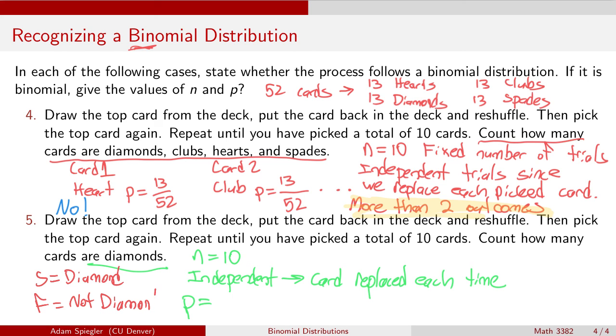So here's the situation where although there are 4 different suits, we're thinking about this as a binary outcome where it's either a diamond or it's not a diamond. Each time we pick, we have a 13 out of 52 chance of picking a diamond. And then since we put the card back, it's going to be 13 out of 52 again, regardless of what we picked on the first one. So this one would be a binomial distribution.